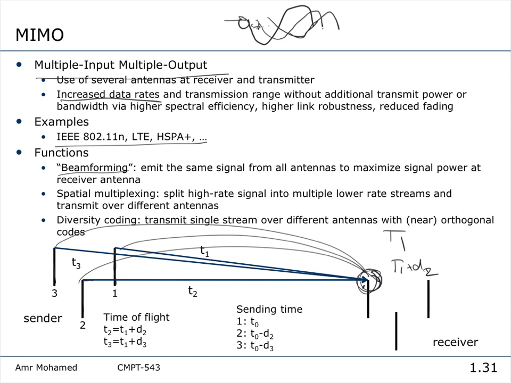So if I know the sending time here, I can send one at time t0 and then I can send this at time t0 minus d, right? So this is t0 minus d, remember, plus the flight time. The flight time is what? It is t1 plus d2, right? So this d2 will cancel d2, and they will arrive at the exact same time. Is that clear? Okay?